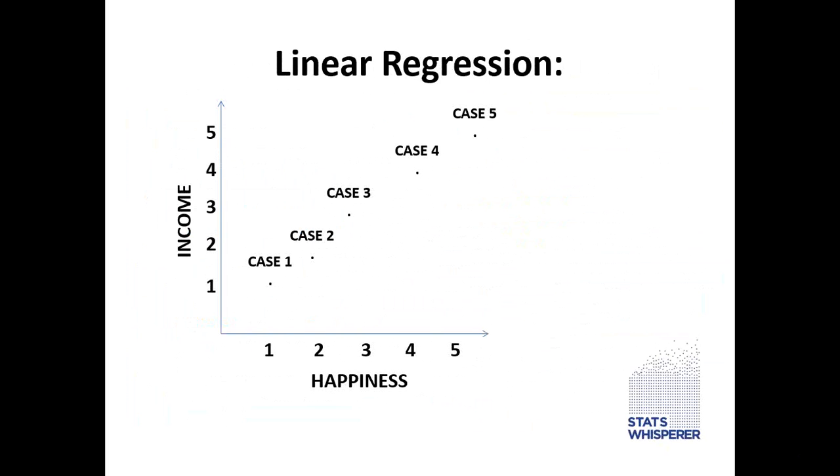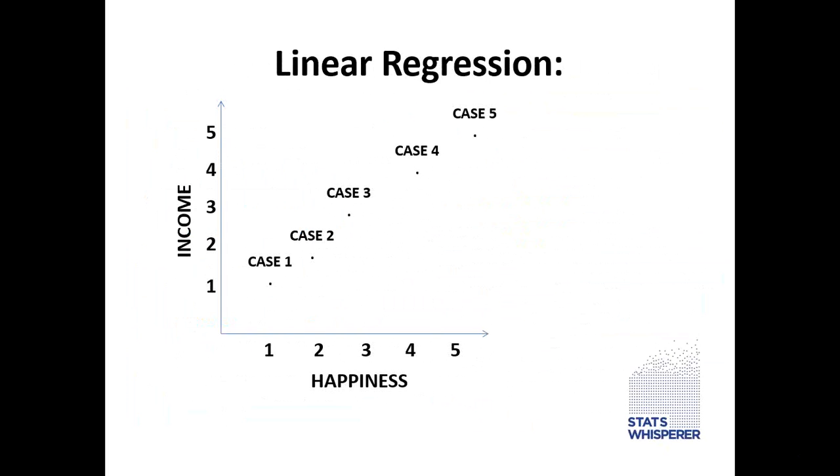Then the happiness score of 3, right? That score intersects with the vertical axis, 3, for $300,000. The same with 4 and 5. So up at the top, for happiness 5, with the highest level of happiness, there's also income 5, $500,000, with the highest level of income.